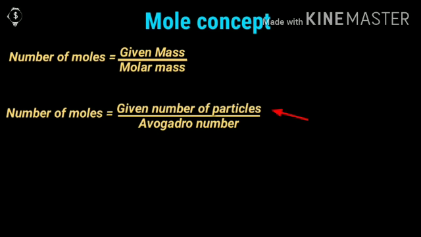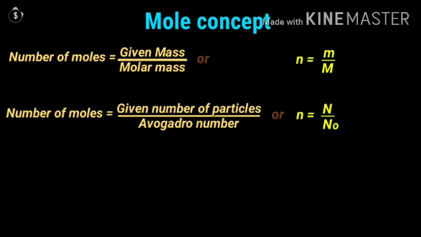In the second one either you have to calculate the number of moles or the given number of particles. Any one will be given, and Avogadro number you know, and either mass will be given or number of moles, and you will have to calculate the other.